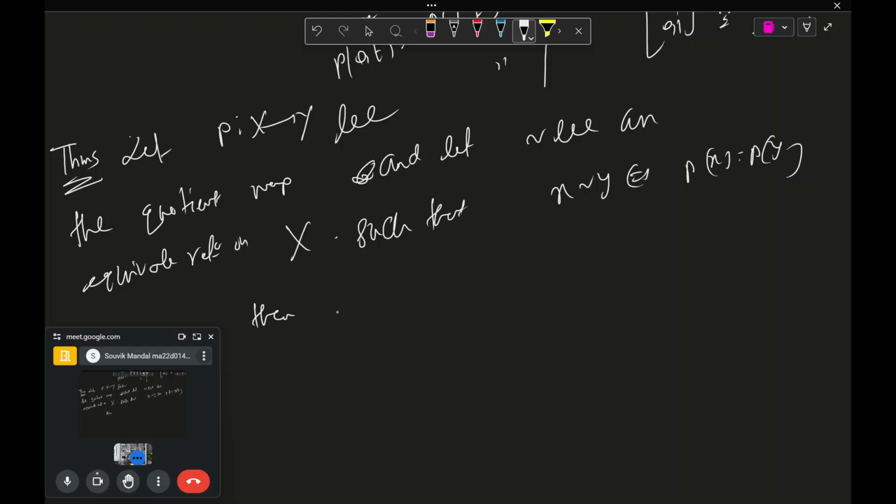Then the quotient space X star is homeomorphic with Y. So this is the actual statement of the theorem.